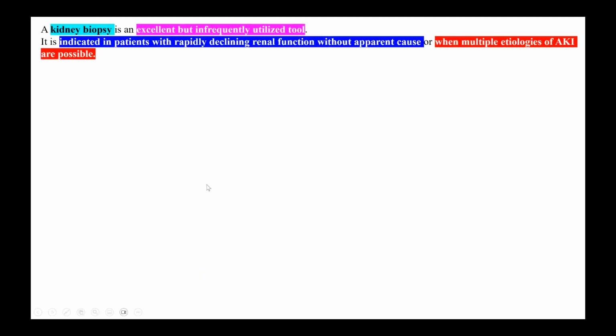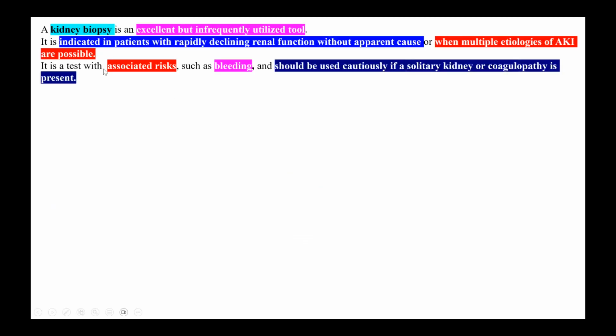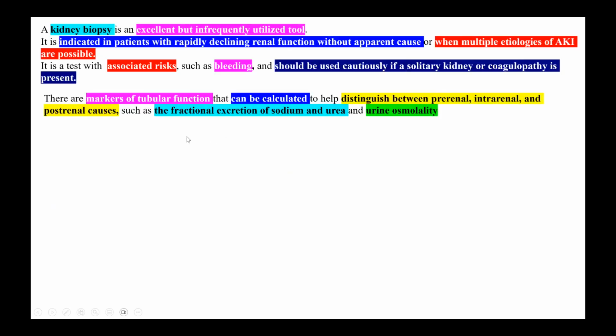A kidney biopsy is an excellent tool, but it is more invasive and it can cause bleeding and other complications, so that is not routinely used. Markers of tubular function can be calculated to help distinguish between pre-renal, intrarenal, and post-renal causes. Fractional excretion of sodium and urea and urine osmolality, as we mentioned, are all valuable tools to identify intrarenal AKI.